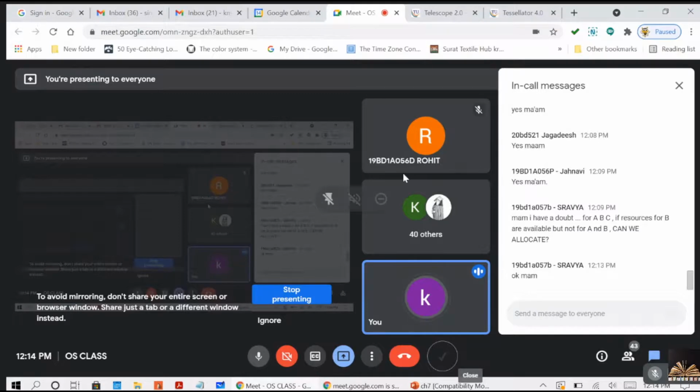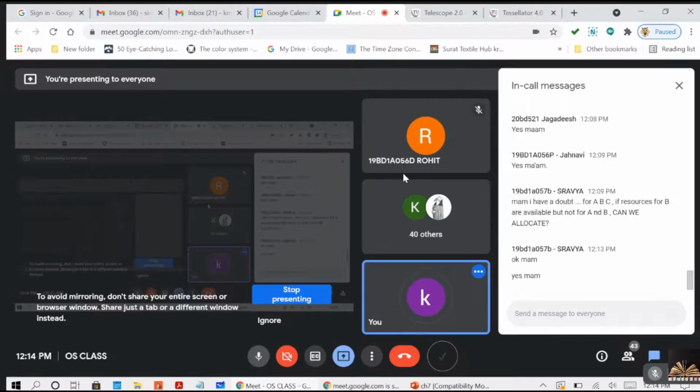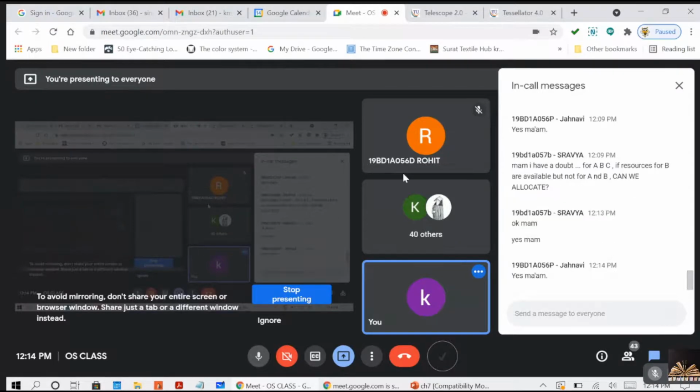That graph is called the wait for graph, and if the wait for graph has any cycles, then we can say that there is a deadlock. Is it clear for you all? Yes, okay.